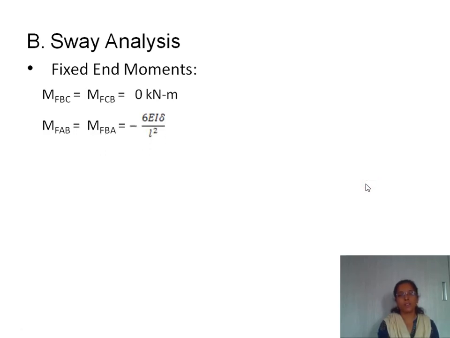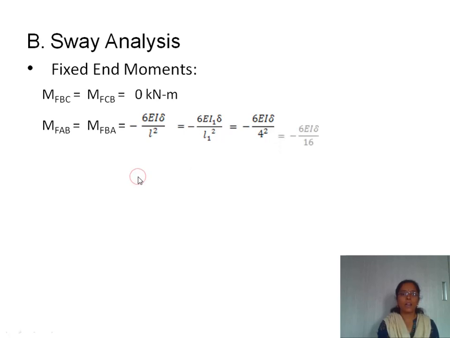So now let us substitute I and L. So it is minus 6EI1 delta by L1 square, and minus 6EI delta by 4 square. So the length of the member AB is 4. Okay.